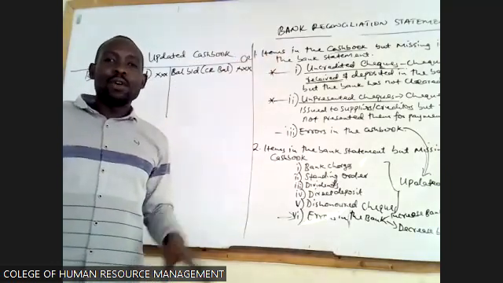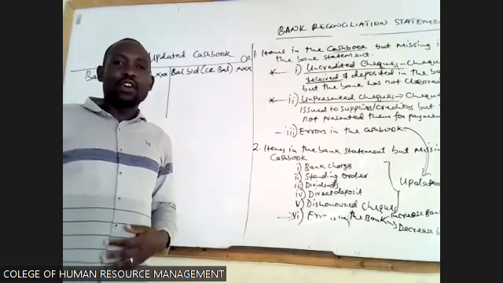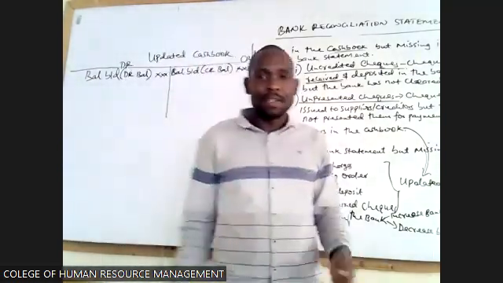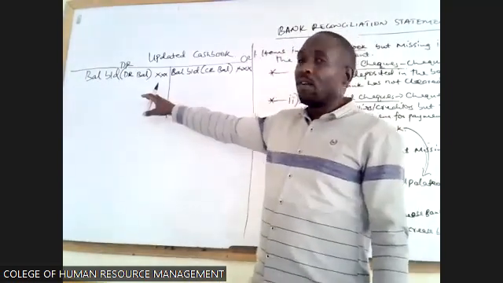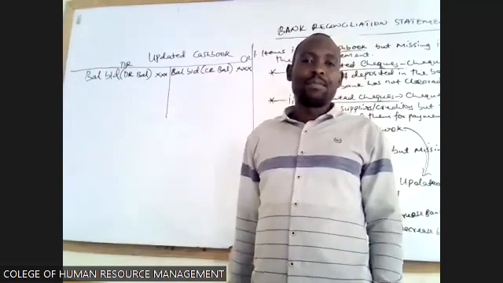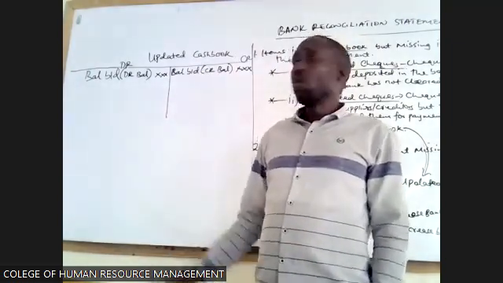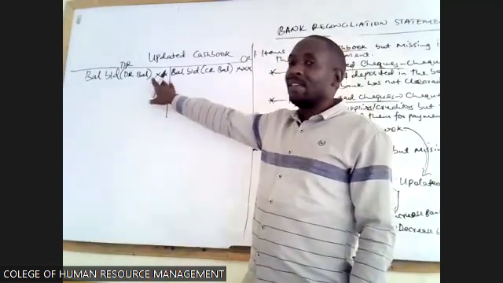So they might tell you the cash book of Macquarie traders did not agree with the bank statement. The debit side of the cash book had a balance of this, while the bank statement had this. So you need to look at where the balance is.